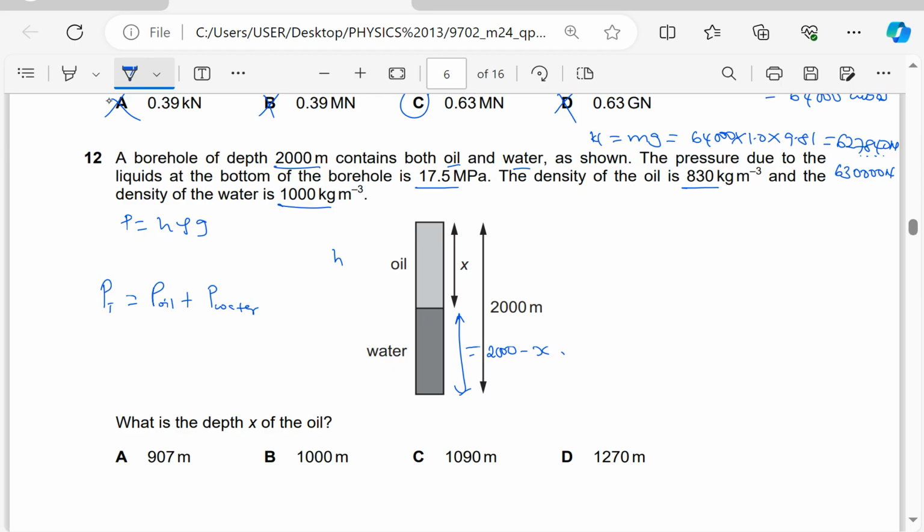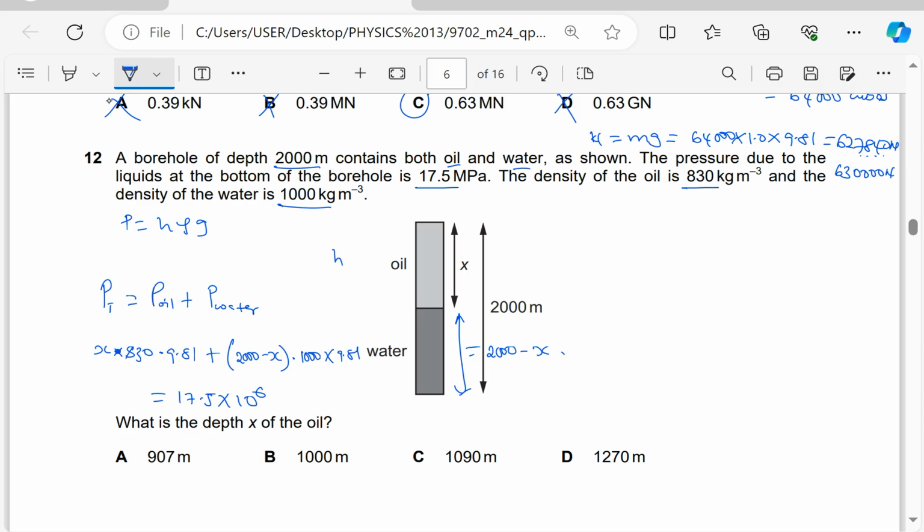Pressure due to the oil will be the depth, which is x, times the density of oil, 830, times g, which is 9.81, plus pressure due to the water, which is the depth, 2000 minus x, the density, which is 1000, then times g, which is 9.81, and this should be equal to total pressure, which is 17.5 times 10 to the power of 6, because it is megapascals.